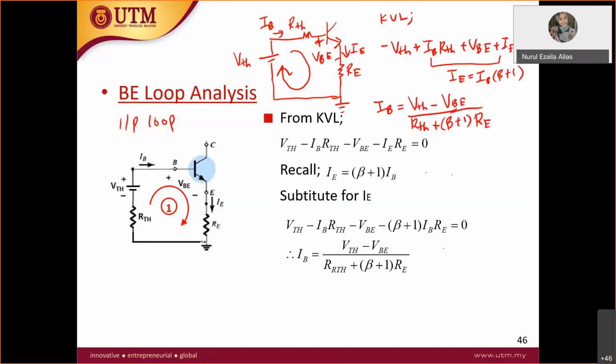So that's how you do it. The derivation is, after you simplify the circuit, you will be able to get the input loop and also the output loop. So that is the input loop done.